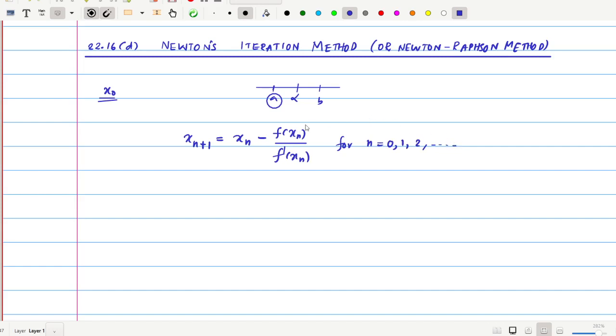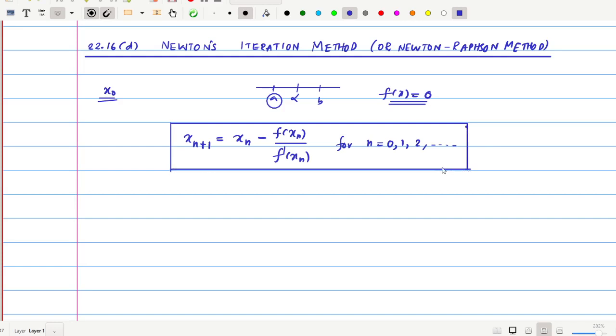Here f of x equal to 0 is our required equation, and to find its solutions we need to perform this iteration. This is what we call the Newton-Raphson formula or Newton-Raphson method to evaluate approximate solutions of the transcendental or algebraic equation.